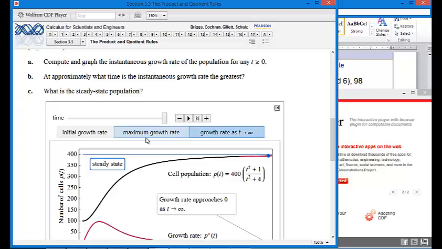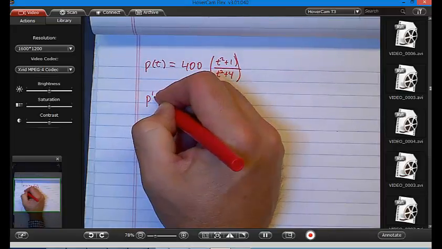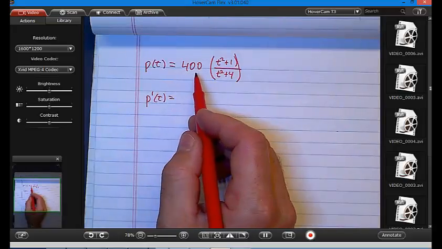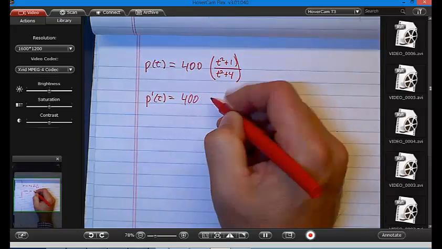So let's have you guys try using the quotient rule. Remember, when you go to do P prime of t, one of the reasons they took that 400 and put it out front is because I know I can ignore a constant out front, right? This is just going to be 400 times d dt, the derivative with respect to t, of t squared plus 1 over t squared plus 4, right? And so I can write that this is 400 times, and what rule do you think we're going to use here, guys?